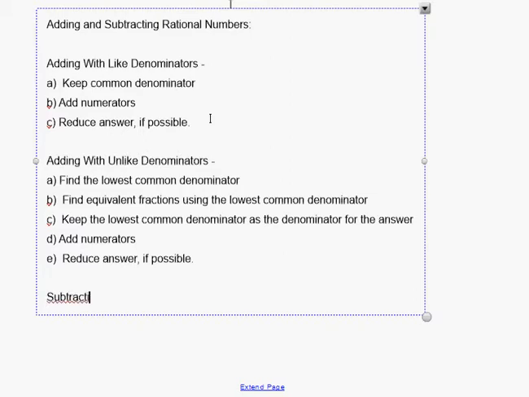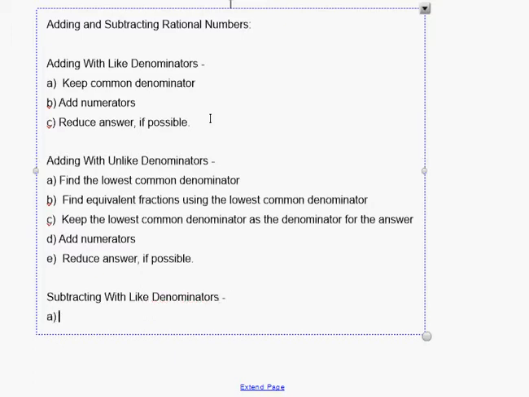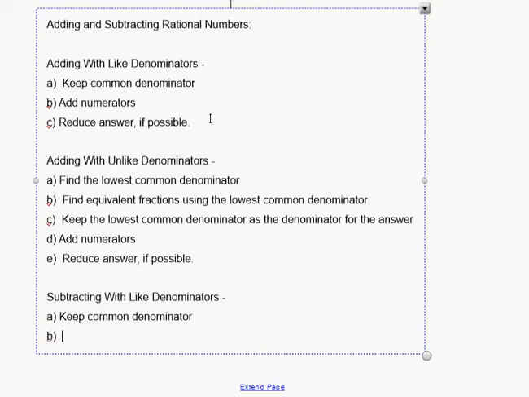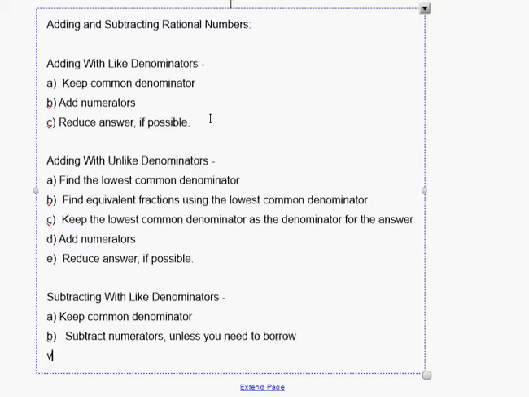Subtracting with like denominators, we keep the common denominator and subtract numerators, unless you need to borrow, and reduce the answer if possible.